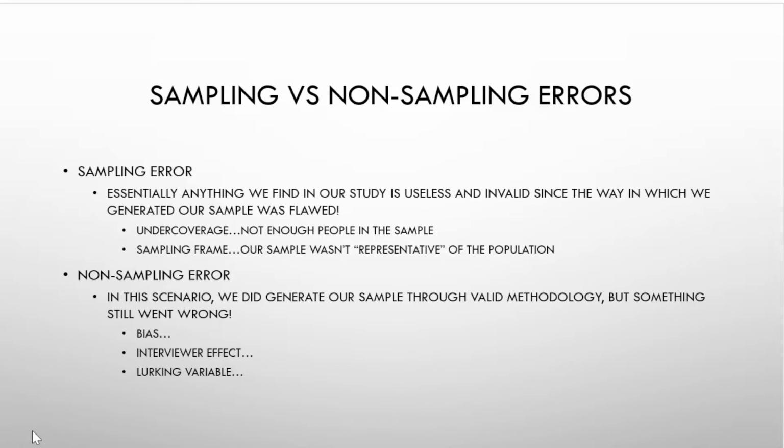So if you want to do a study of what level of education is most likely to attain a very high level of income, lurking variables or confounding variables could be their family's socioeconomic status, where they came from, maybe they won the lottery. So again, lurking variables are things in the background that we can't control. Those are things you consider a little bit when you're designing your study.